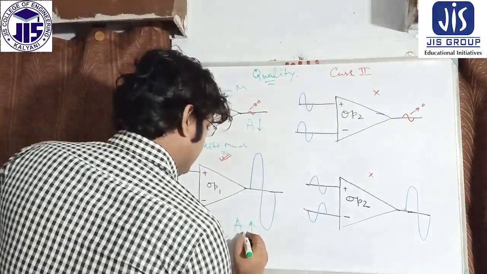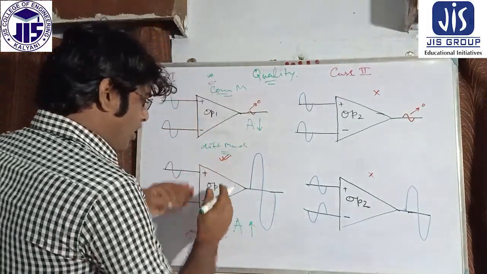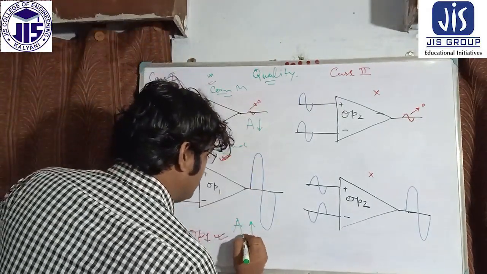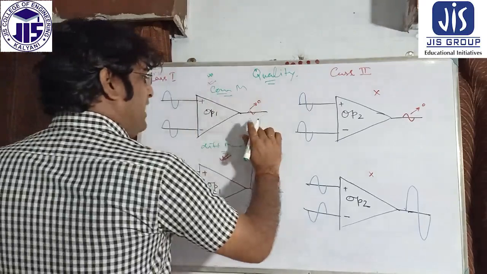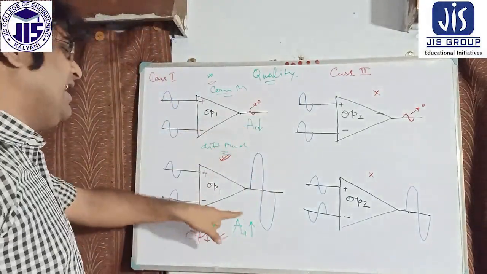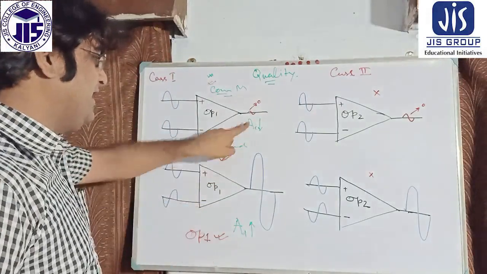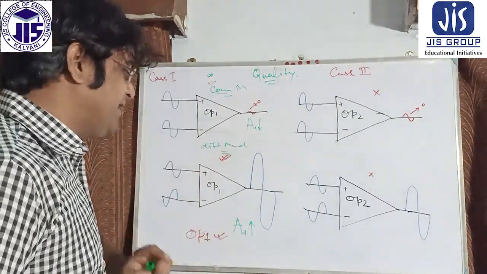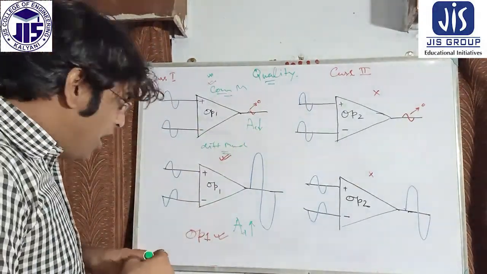So this is called the difference mode of action, and we can say its gain is AD, and this is the common mode action, so we can say its gain is AC. This is AC, this is AD.